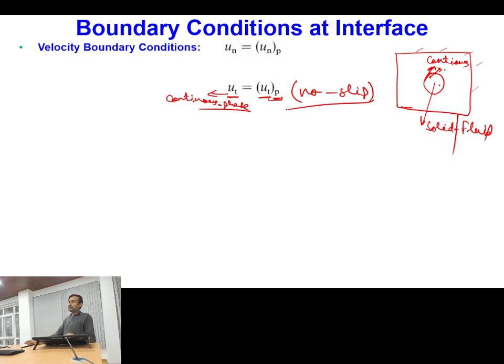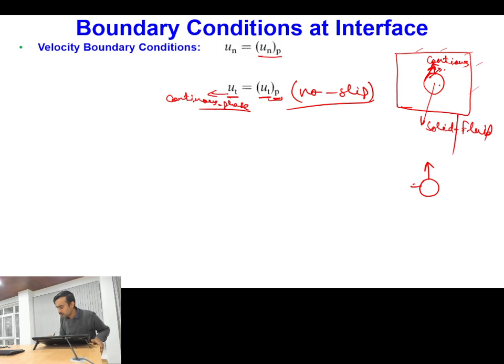First point is clear. Now, second important point: if I have a solid particle, we know that a solid particle is a rigid particle. So if a solid particle is rising vertically upward with some normal velocity un, whenever it is rising upward, I will be considering the velocity of the particle which is normal to its boundary.